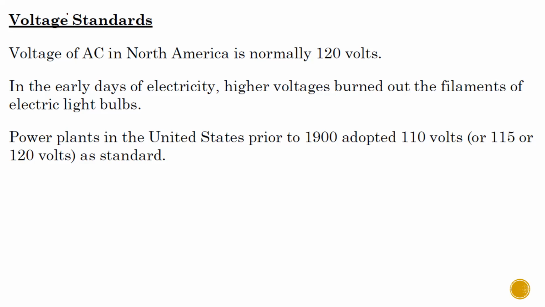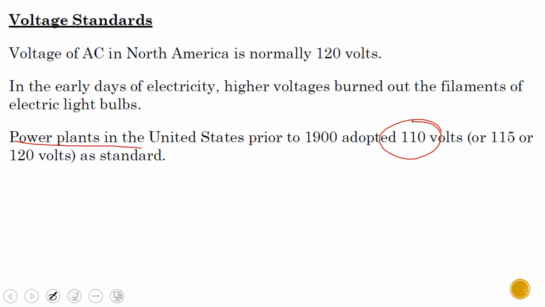The thing I want you to know here is that power plants in the United States used 110. This 110 is the voltage standard used in America. From the early days they made electricity and machines using 110.